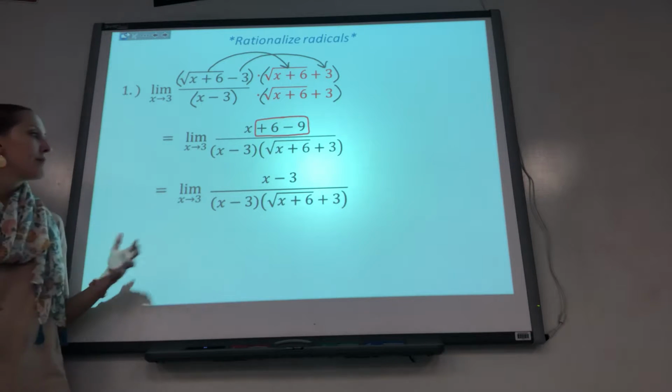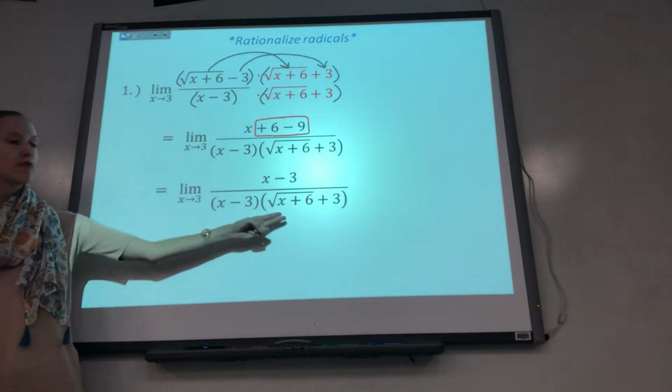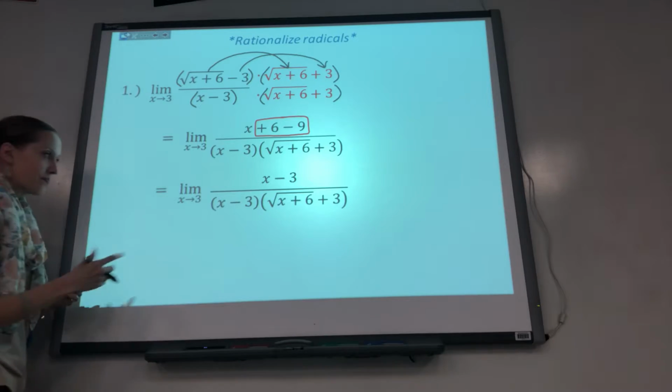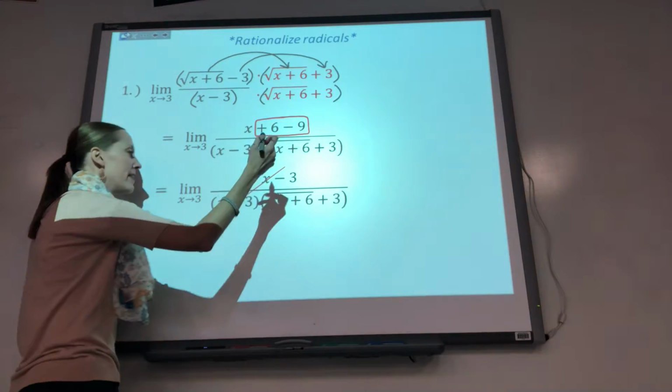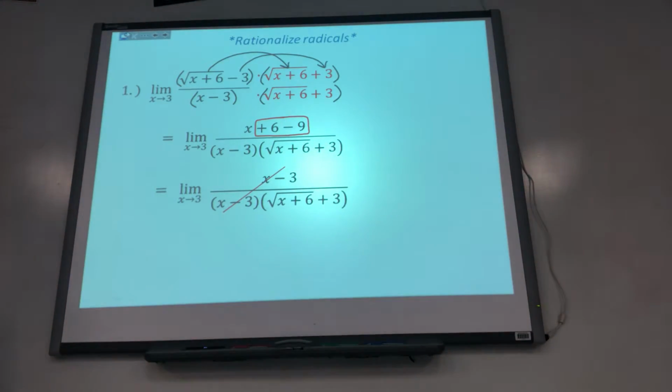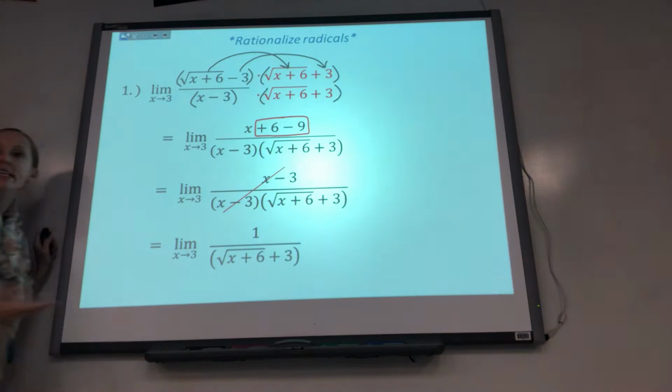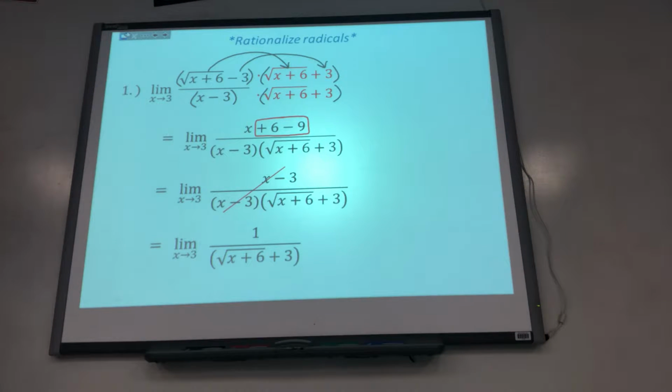And now do you happen to see why I didn't FOIL the bottom? What's going to happen? Yes, the x minus 3's are going to drop off. Now you do still have to put a little 1 on top just to hold that place. We had that happen a little bit yesterday.